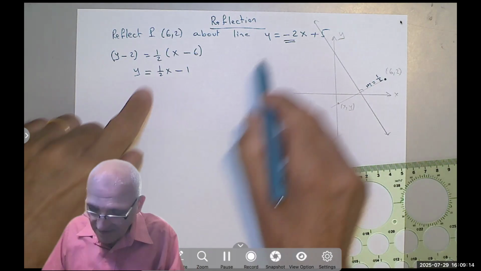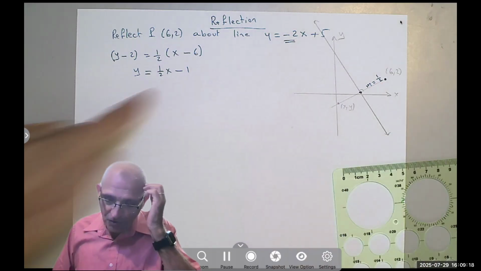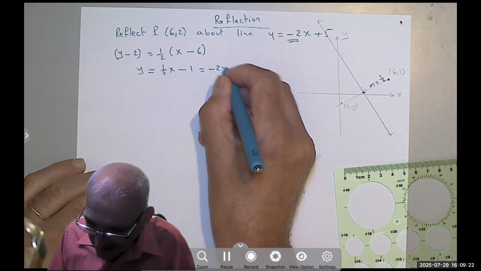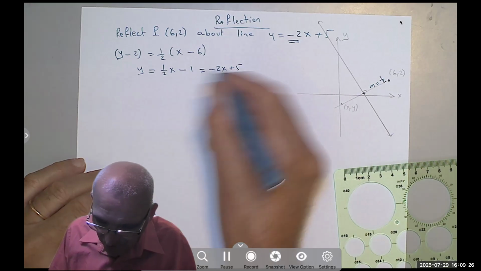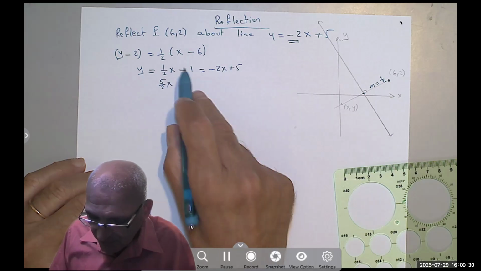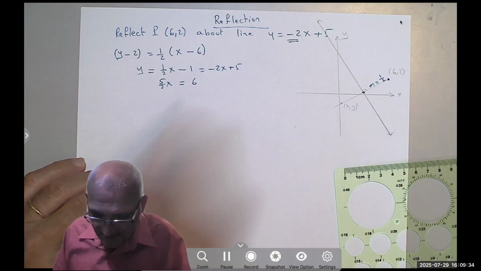Then I would say, okay, these two lines, their intersection is the solution. So if I say this equals negative 2x plus 5, it means I move the 2x here as 4x over 2, so that becomes 5/2 x. And when I move the negative 1 there as a positive 1, I get 6.